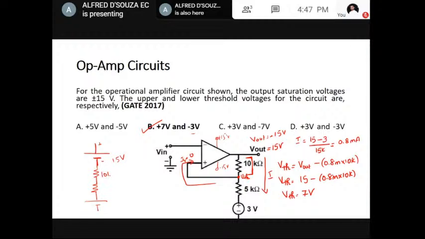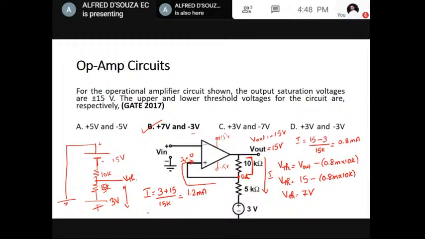We have 10K, we have 5K, and this is connected to the ground. So we have a ground point here. This is 3 volt. I'll have to find out what is VTH. First I'll find out how much is the current. Current will be 3 plus 15 divided by 15K, which will be 1.2 milliampere.